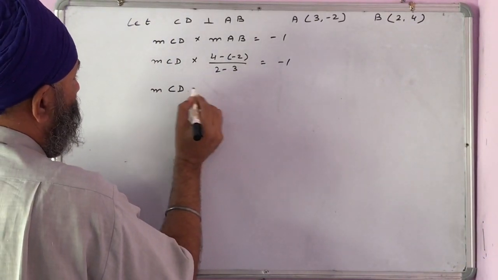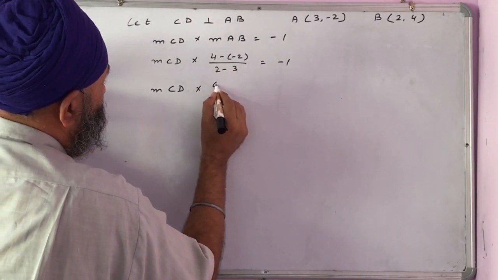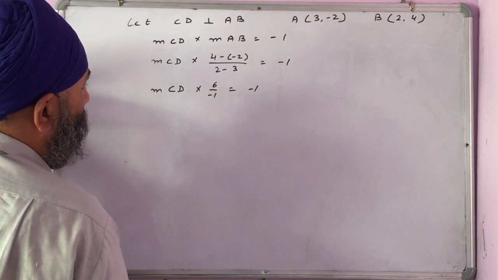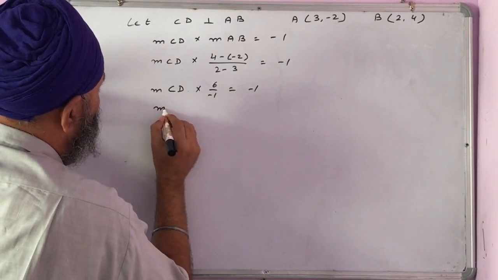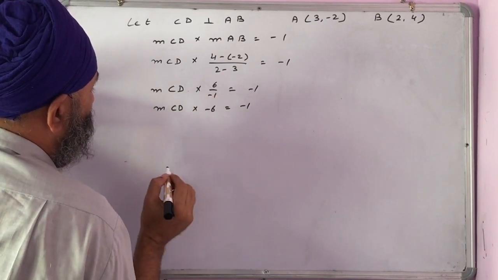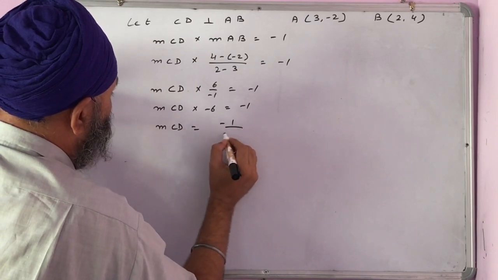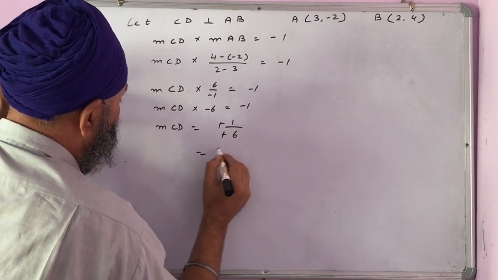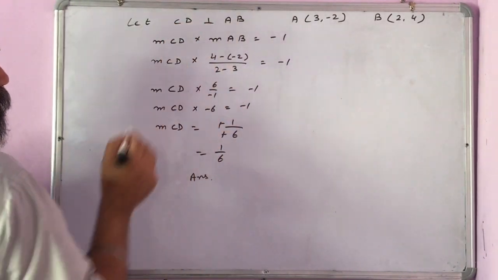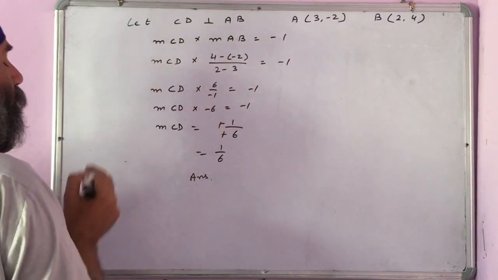Slope of CD into minus 6 is equal to minus 1. So MCD is minus 1 upon minus 6. It is 1 upon 6. That will be the slope perpendicular to AB. If they are parallel, then we keep their slopes equal.